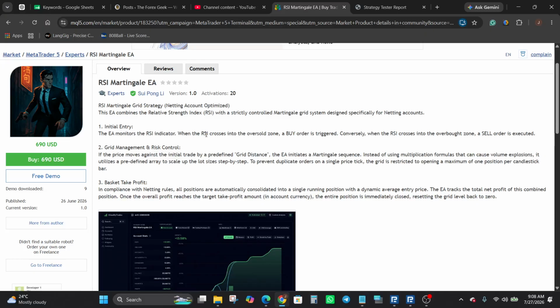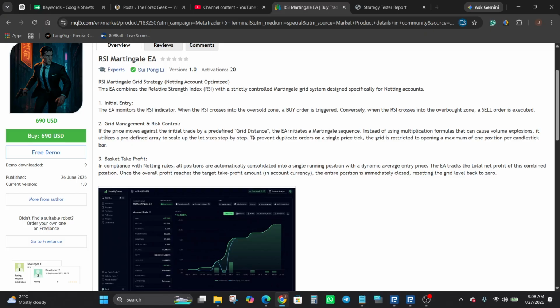And it is restricted to opening a maximum of one position per candlestick bar to avoid duplicate entries on the same tick. On managing the basket, the page explains that because this is built for netting accounts, all positions get automatically consolidated into a single running position with a dynamic average entry price.